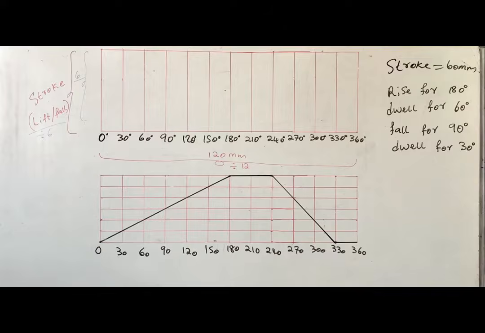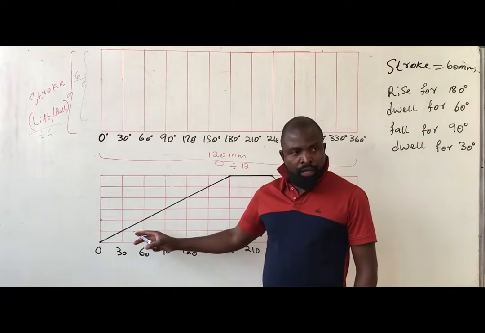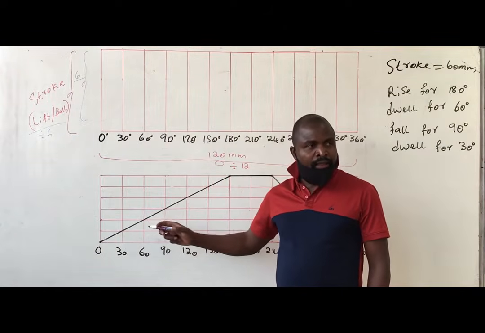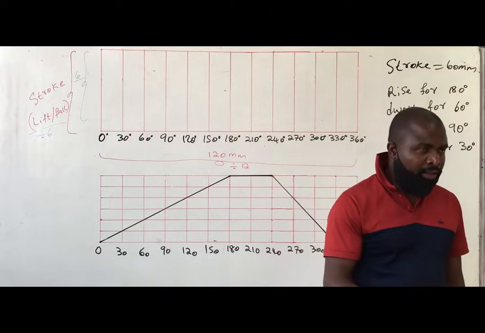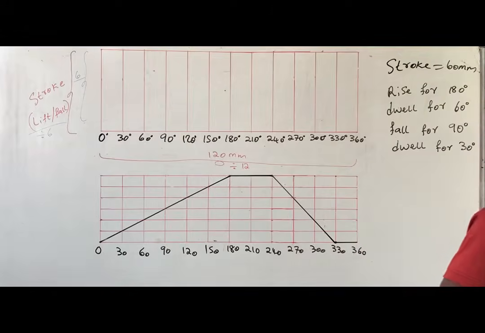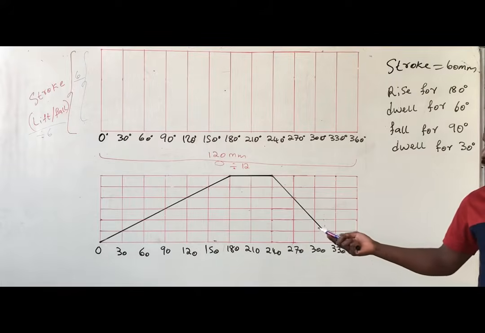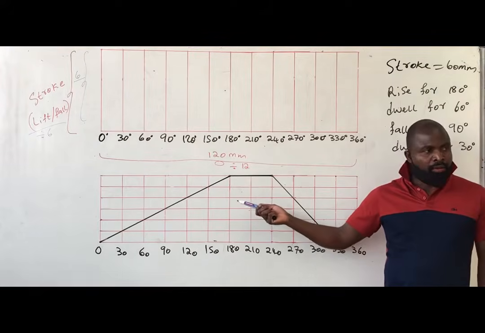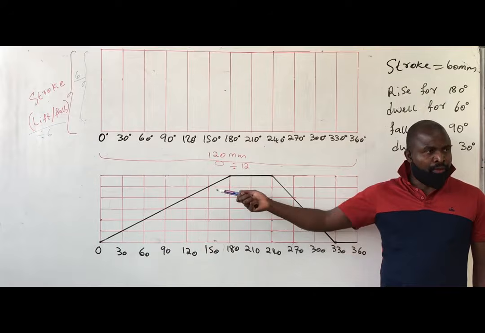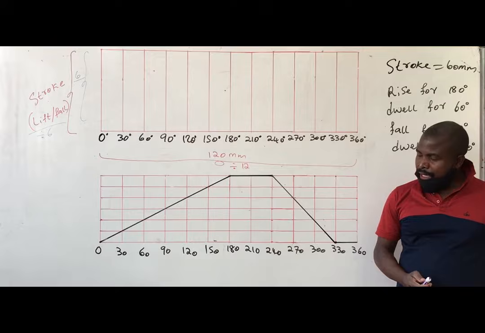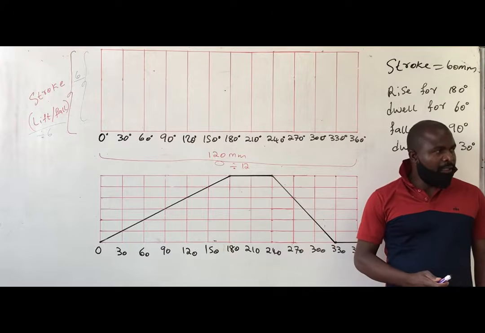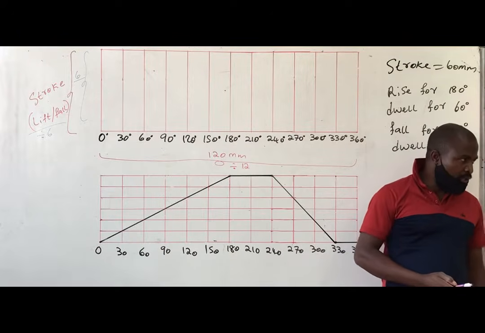I was saying for you to calculate acceleration, you need to have velocity. For you to calculate acceleration in mathematics, you need to derive velocity. Same applies here. You cannot draw acceleration if you do not know how to draw velocity. So meaning our acceleration must be drawn on velocity.